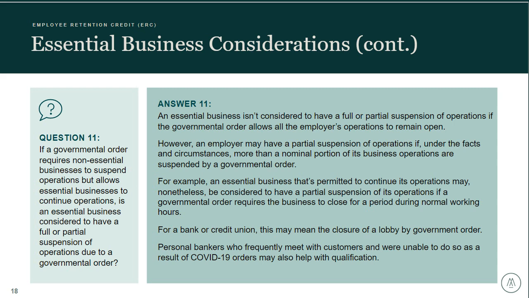Documentation of that type would be helpful for purposes of qualification. Again, as I mentioned on a prior slide, the example of the personal bankers, where the relationship is critically important. You just can't have the same type of relationship and develop the same type of business over a Zoom or a Teams call compared to taking your clients out and having that in-person contact with them. That's what we're looking for.